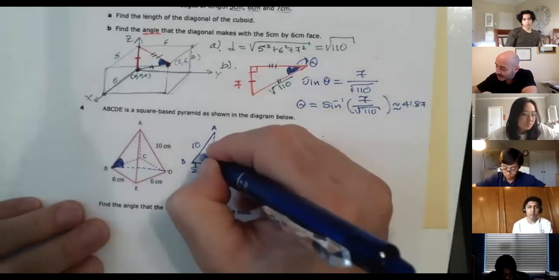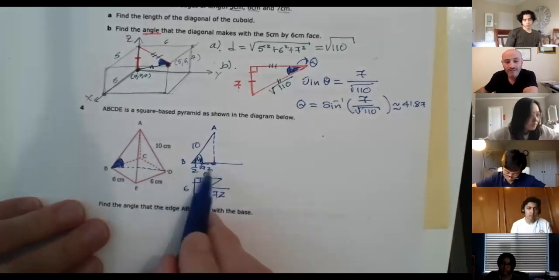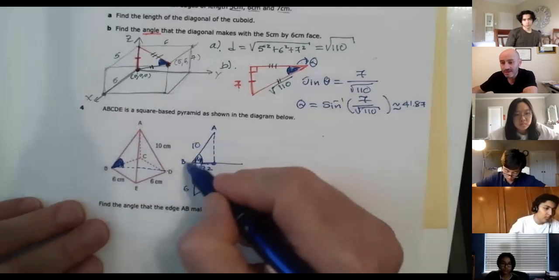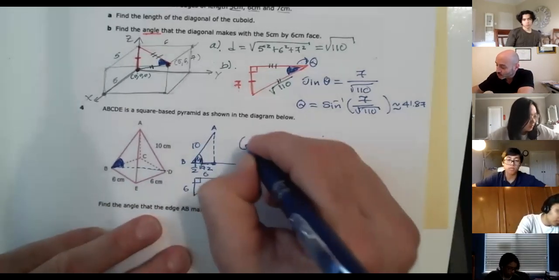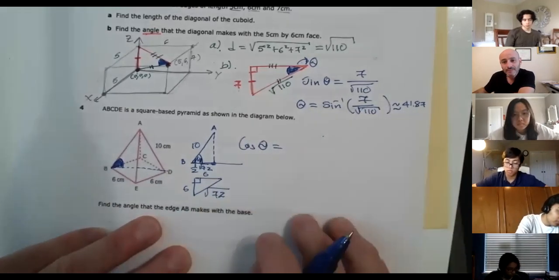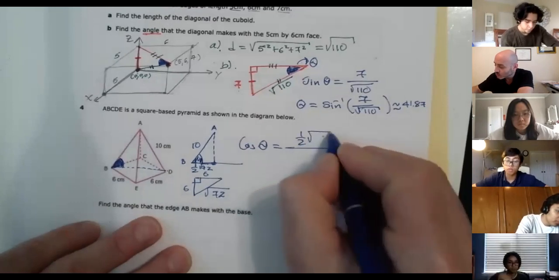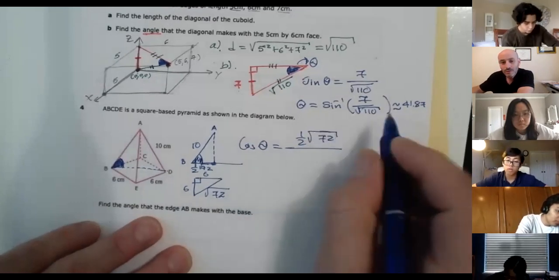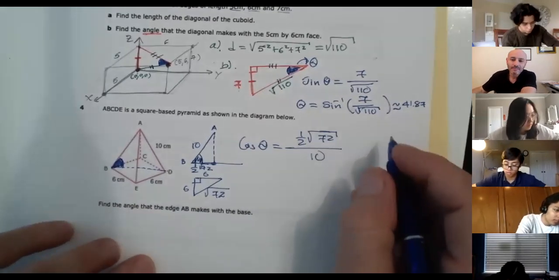So to find the angle that we want, which is this, in this case, what do we have? We have the adjacent and we have the hypotenuse, right? So cosine of that angle is going to be the adjacent, 1/2 the square root of 72, over the hypotenuse, which is 10.